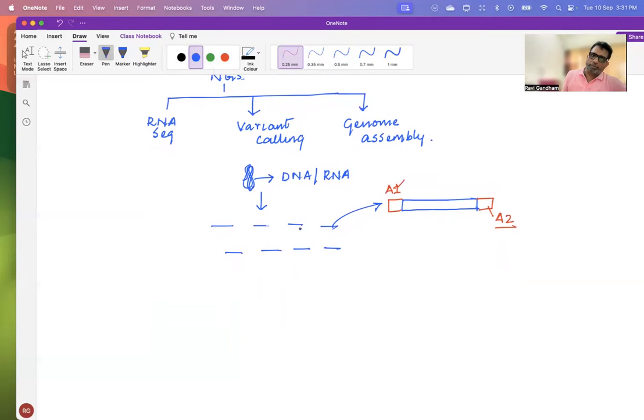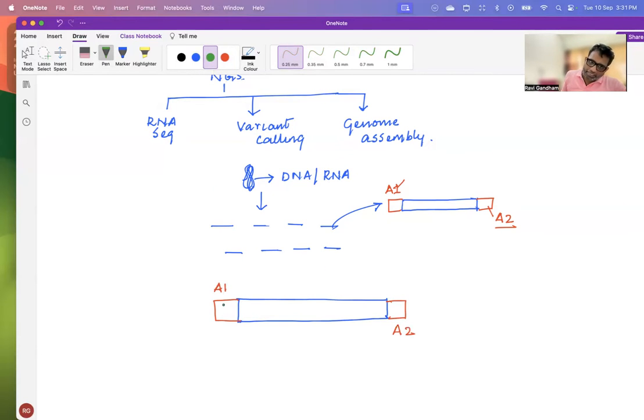Now, as we know that a primer is needed for sequencing, using the same fundamental, we now target both the A1 and A2 adapters to generate our sequencing reads. What does that mean? Now you have A1 here and A2 here.